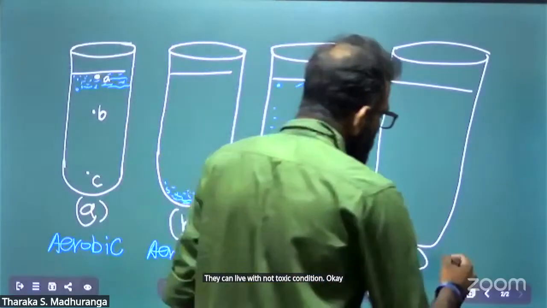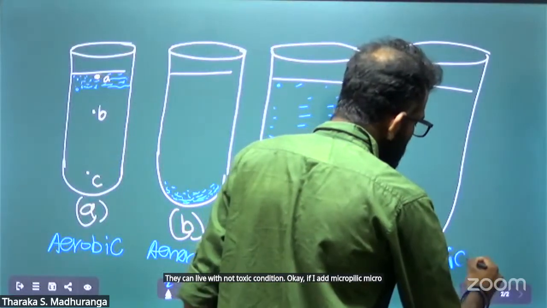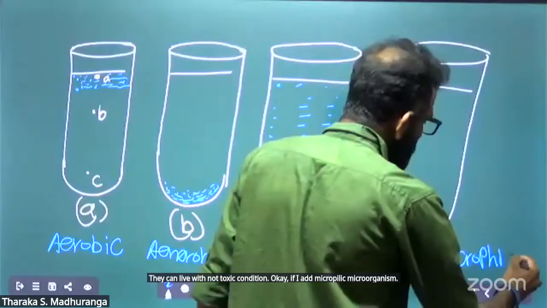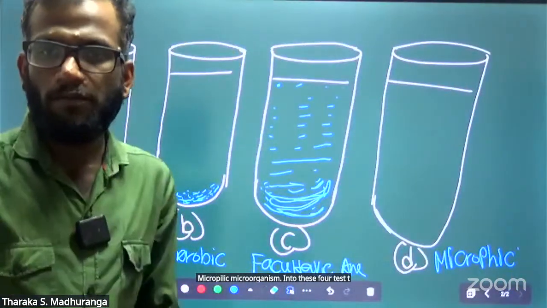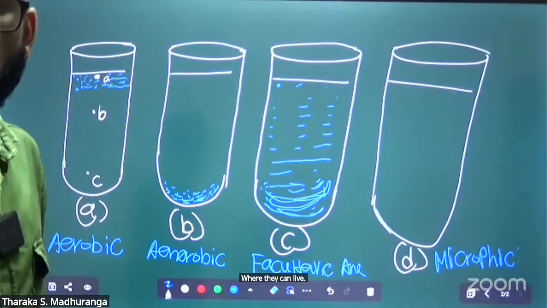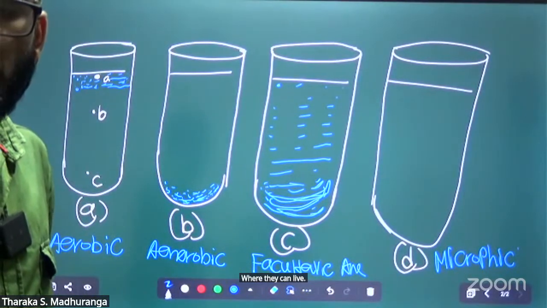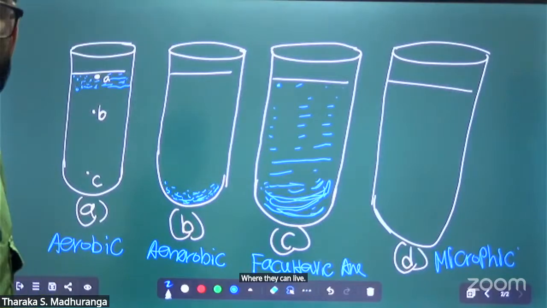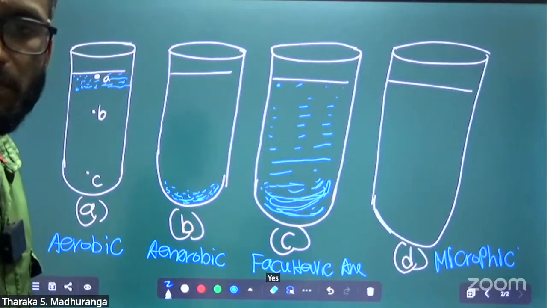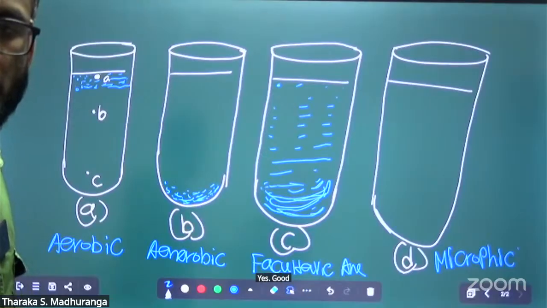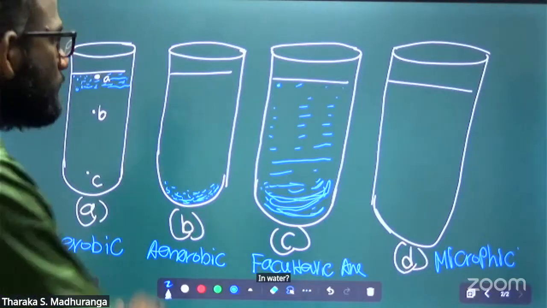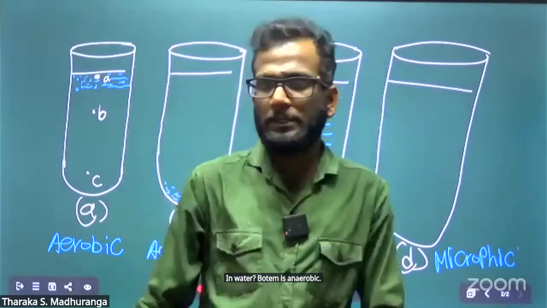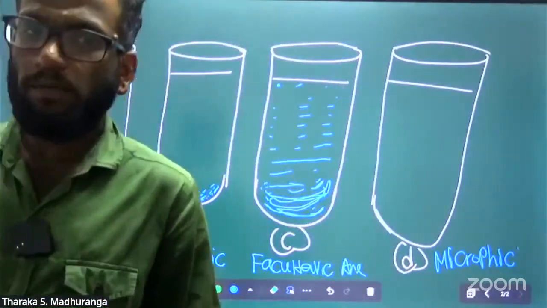Okay, if I add microphilic microorganisms into these 4 test tubes, where can they live? Think the bottom is anaerobic, with no oxygen.